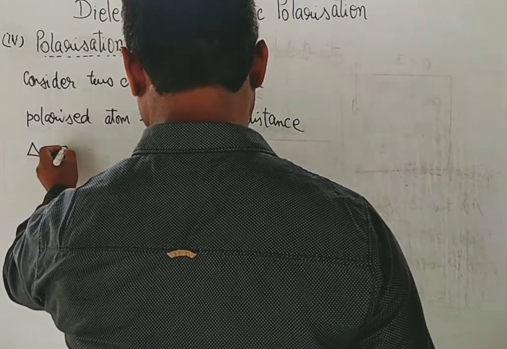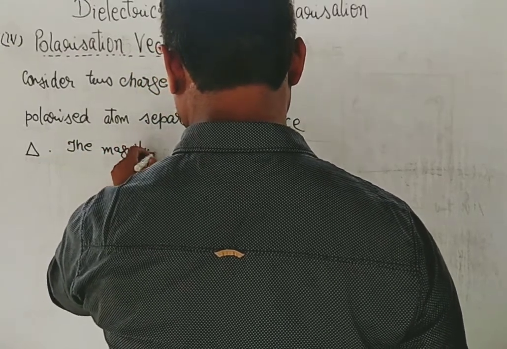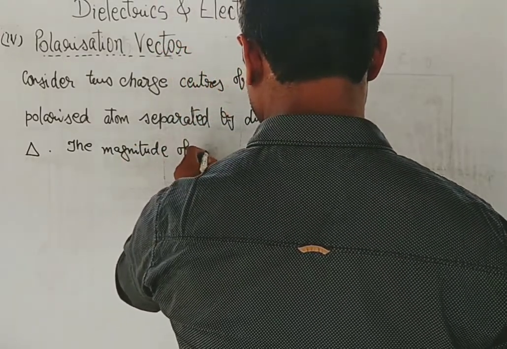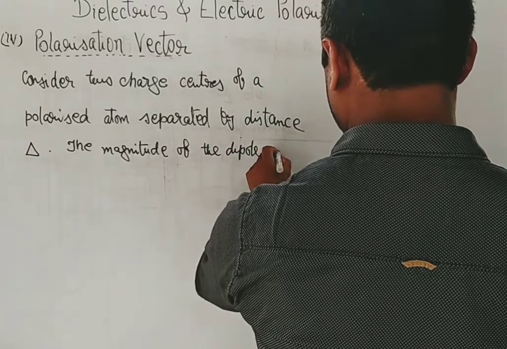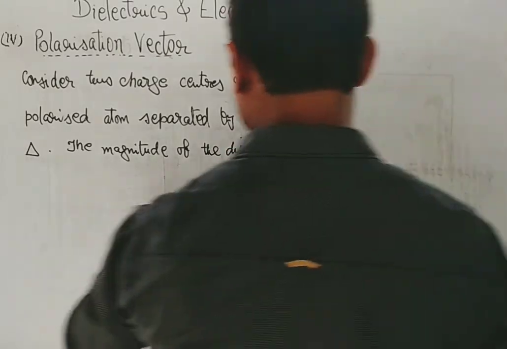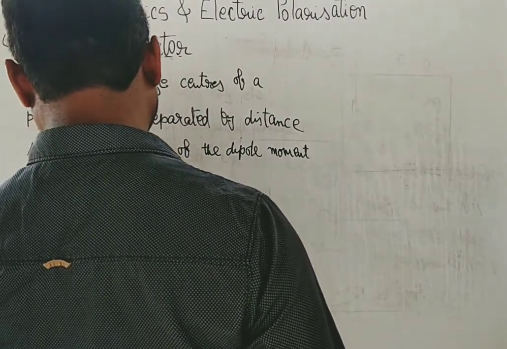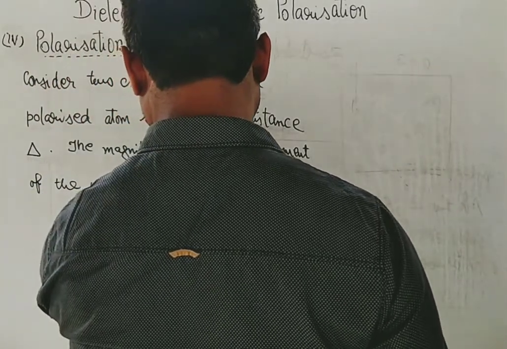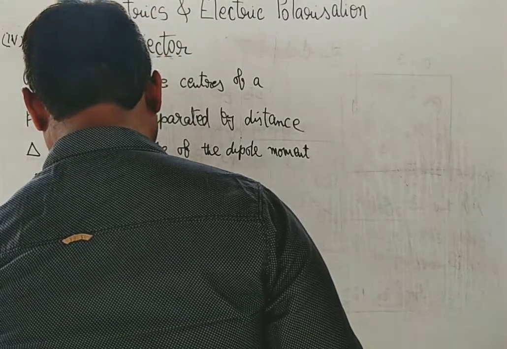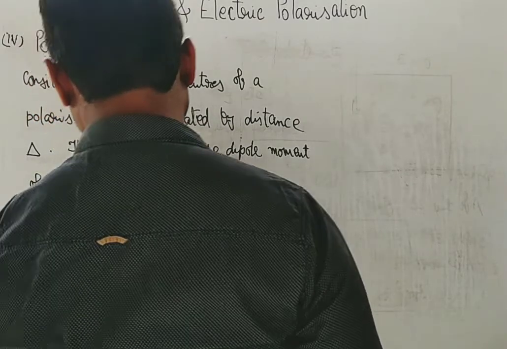Now the magnitude of the dipole moment of the polarized atom is given as p equals charge into separation between them.